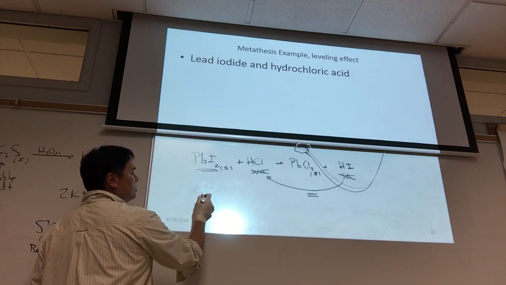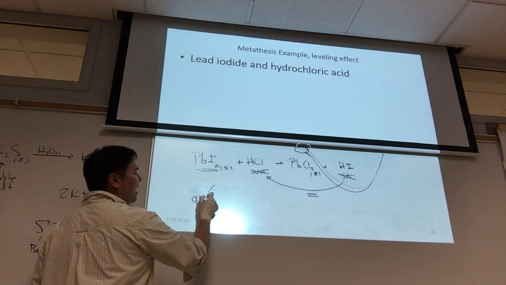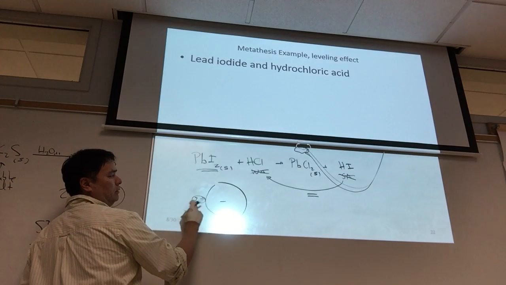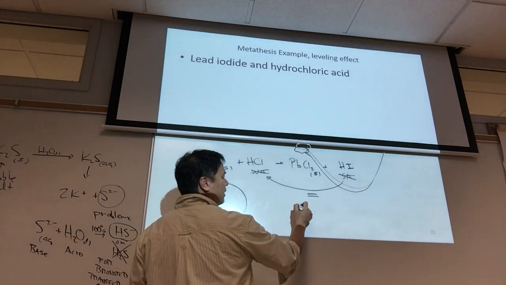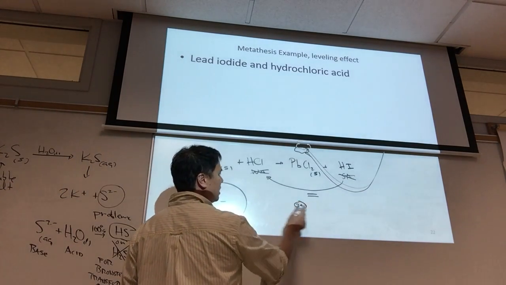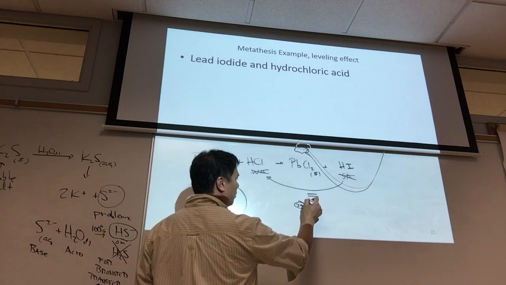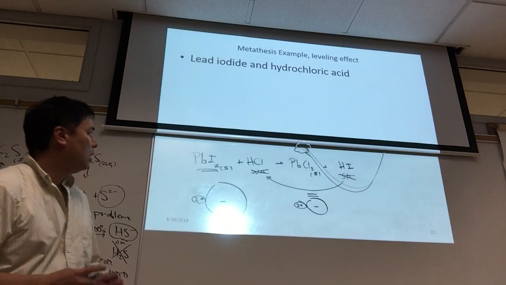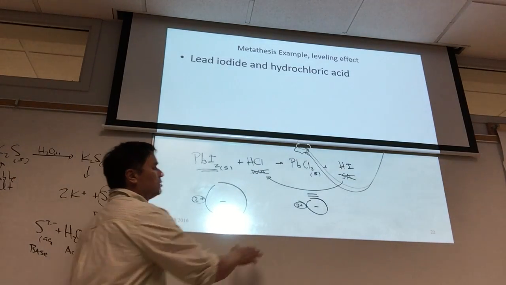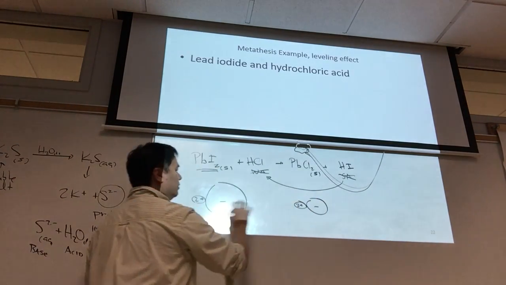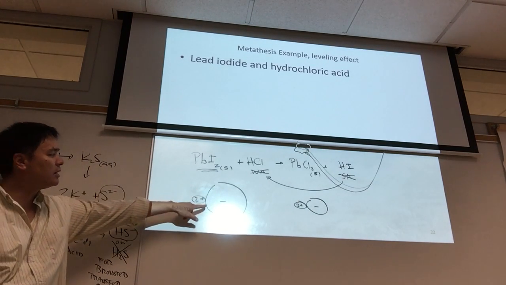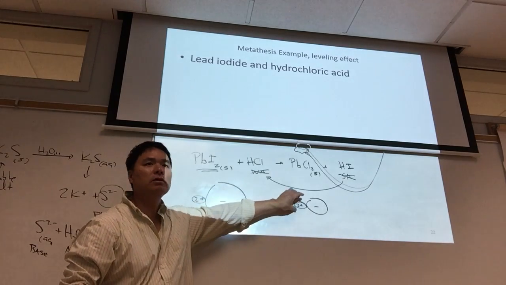If I have lead, which is 2+, and I have iodide, which is a minus, to break these two ions apart, versus if I have lead over here, which is 2+, same size, let's say, and a chloride like this, what's going to be harder to pull off, the lead from iodide or the lead from chloride?